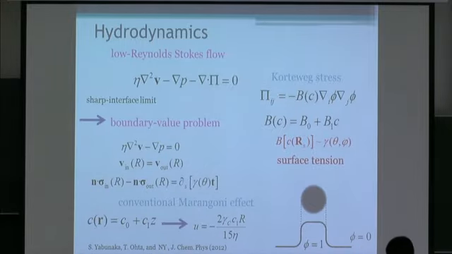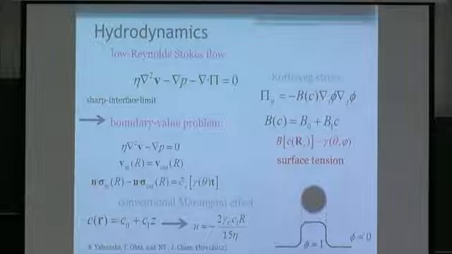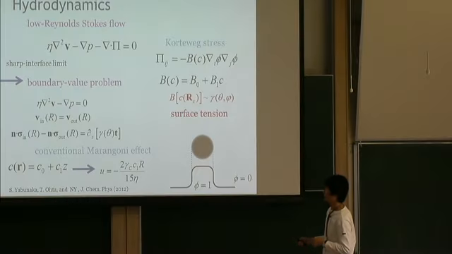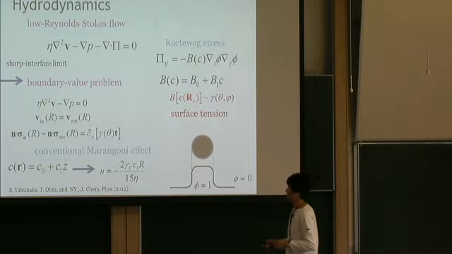And what is good for this kind of description is that when you take the sharp interface limit, we can convert this kind of problem into the boundary value problem, which is standard Stokes equation with velocity continuity and the stress jump. And the stress jump is arising from the surface tension, which is force acting at the interface between droplet and the surrounding flow, which creates some jump in the stress.